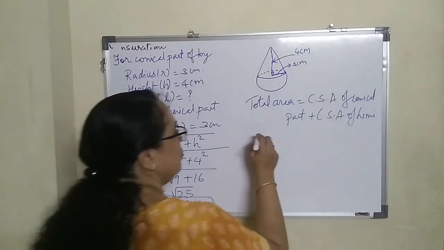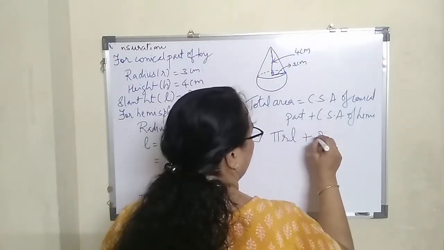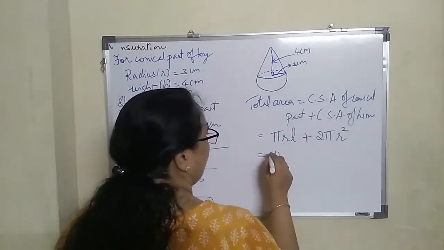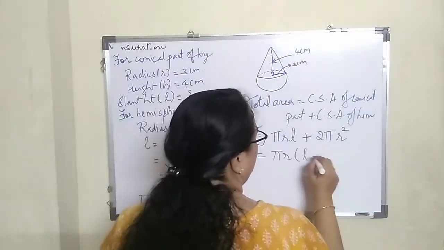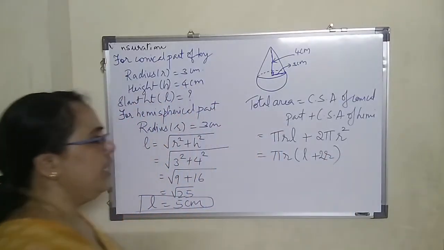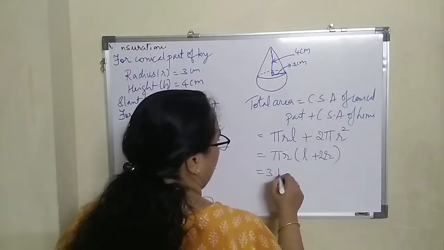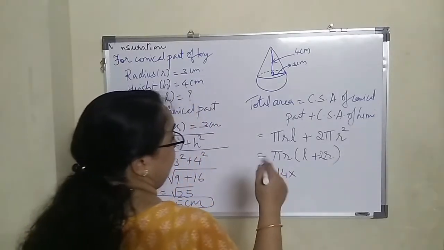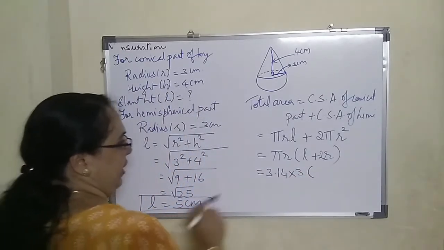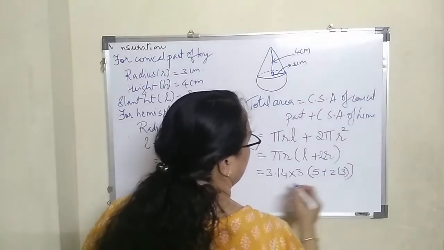That is equal to pi r l plus 2 pi r square. Again something is common, that is pi and r. We are left with l and 2r, right? So therefore substitute, pi is given as 3.14, r is given as 3, l is 5 plus 2 into 3.